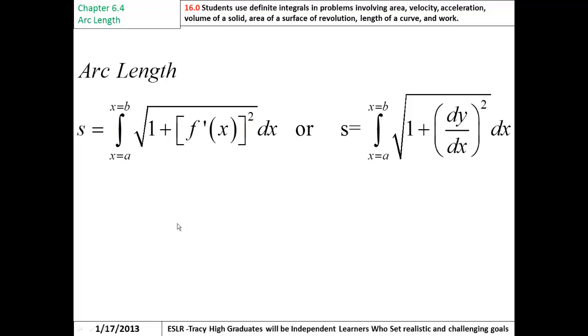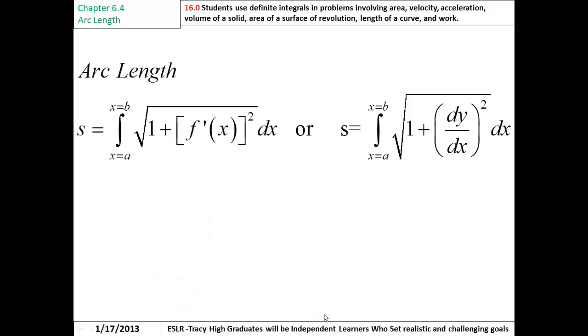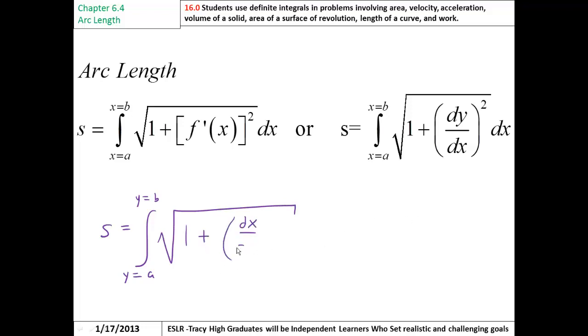And just on a side note, if you did have something that was a function of y perhaps, it would be y equals a to y equals b of the square root of 1 plus dx dy squared, dy.